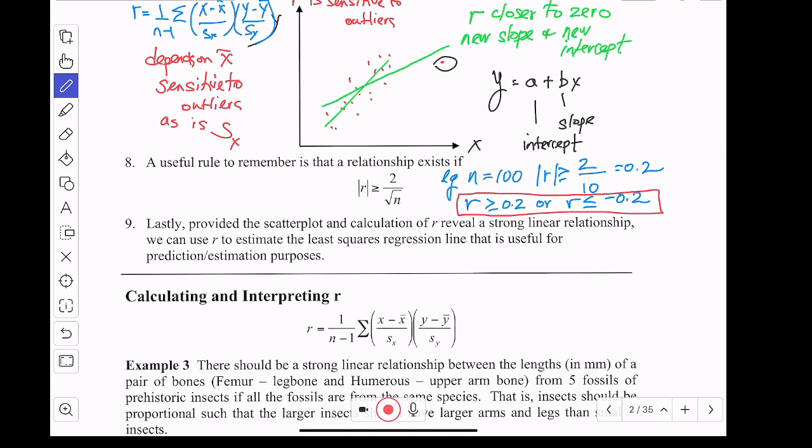Okay, so the last point to make in this overview is to say that provided the scatter plot and calculation of R reveals a strong linear relationship, we can use R to estimate what's called the least squares regression line that is useful for prediction and estimation purposes.